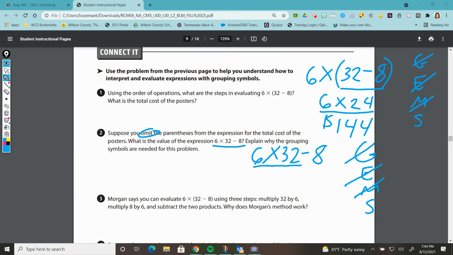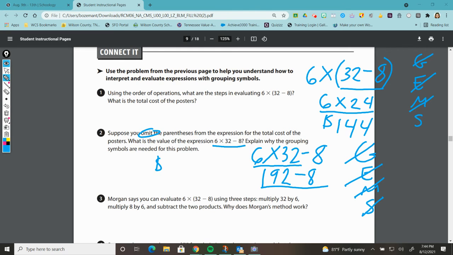So take a minute to pause the video and find what 6 times 32 would be. 6 times 32 is going to be 192. I bring down what is left in my expression, and I move on to my next step in my order of operations. The S is subtract or add. I do have subtraction here, so I would subtract 192 minus 8.